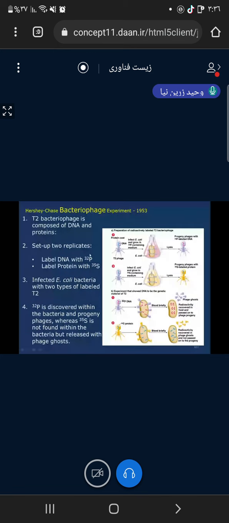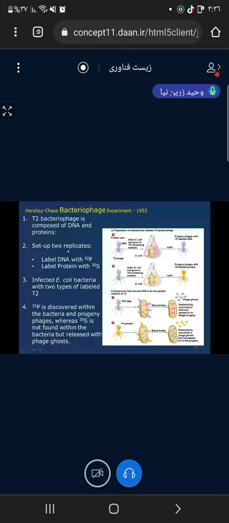As you see in this experiment, they designed an experiment with 4 steps. In the first step, T2 bacteriophage is composed of DNA and protein.